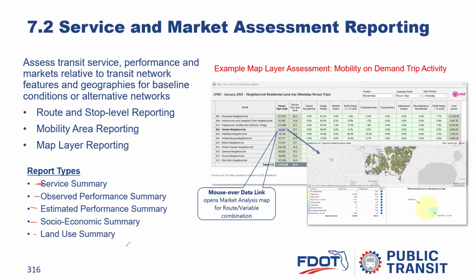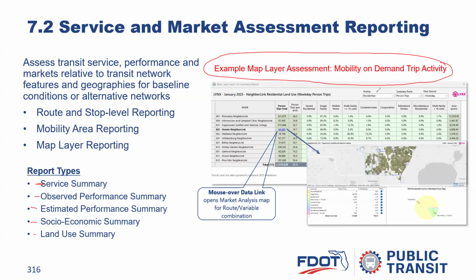So some of those same reports that we've seen before, except this time we're going to do them at different levels of geography. So as an example, the map layer assessment tool, where you're seeing mobility on demand trip activity. So that's this example.